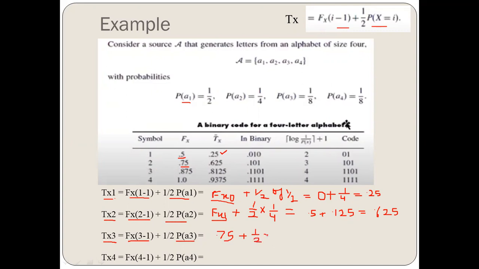So I'll simply multiply it: half of 1 by 8 is equal to 1 by 16 only, and the value of 1 by 16 will be 0.0625, and I'll add 0.75 to it.